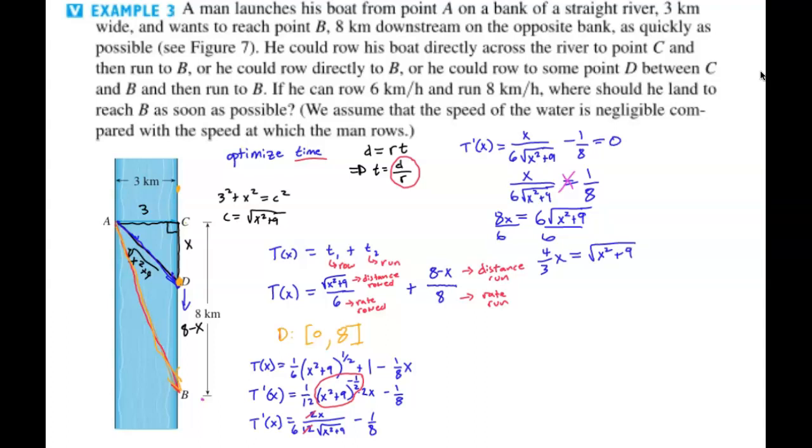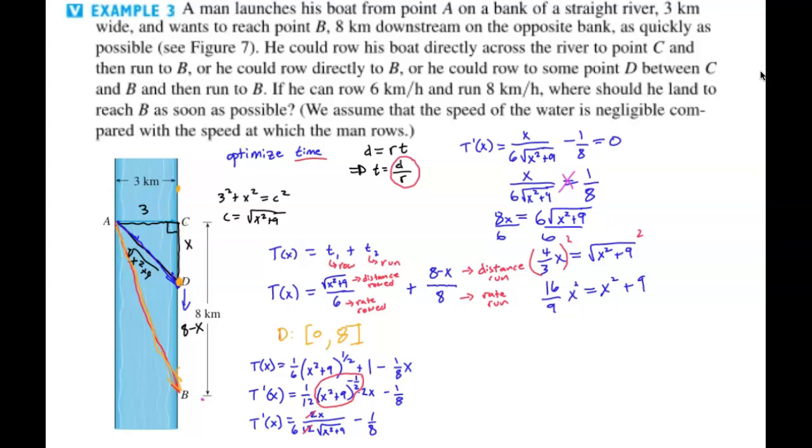Yeah, we want to get rid of that square root, so I'll square both sides. So I get 16/9 x squared equals x squared plus 9. And now I have like terms.